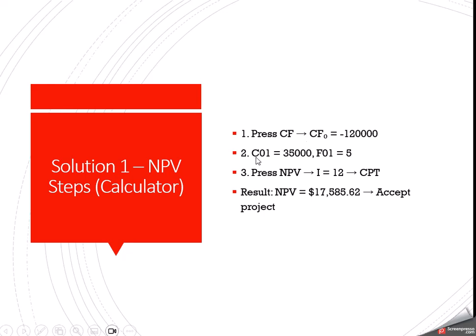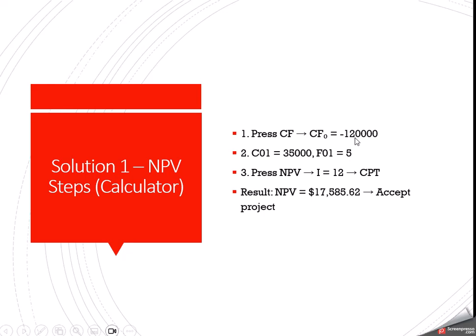Then we arrow down, and the next field is our cash flow for year 1, which is $35,000. And then we arrow down, and then the frequency is 5. We're going to get that for 5 years. Then we move over to the next button beside it, and that's our net present value button, or our NPV. So we press that, and it'll pop up I equals. We want to put in 12.